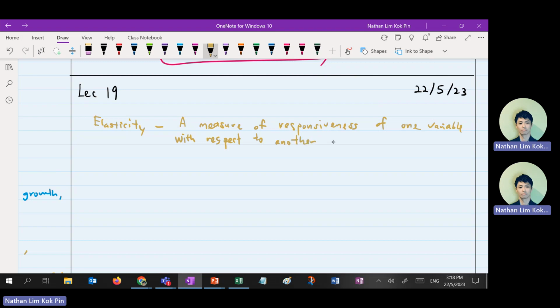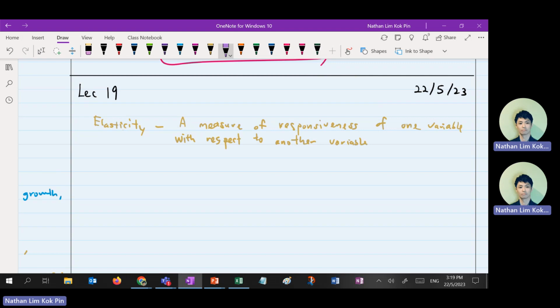Basically, what we want to measure is we want to see if one variable changed by 1%, certain percentage, what will happen to another variable? That's all. Right? Using this general definition, we can further write into PED and PES definition.